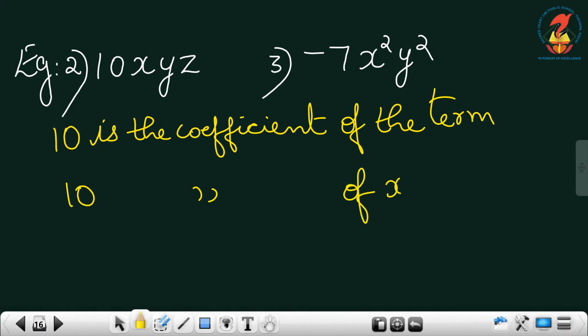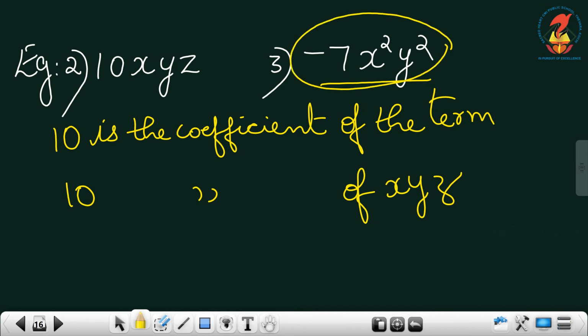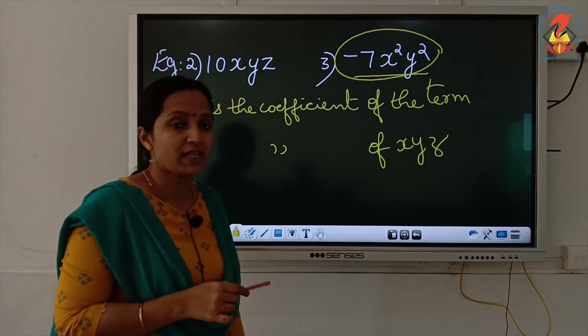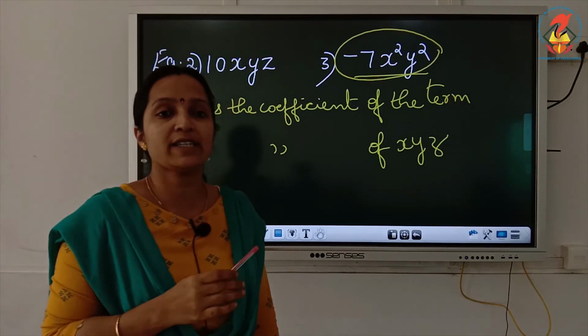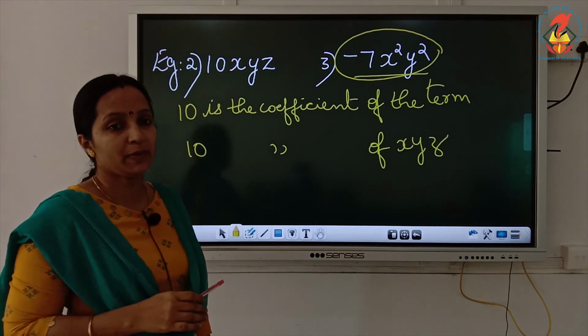In the same way, which is the coefficient of this particular term, negative 7 x square y square? We can say negative 7 is the coefficient of this term, or you can say negative 7 is the coefficient of x square y square. I hope it's clear.